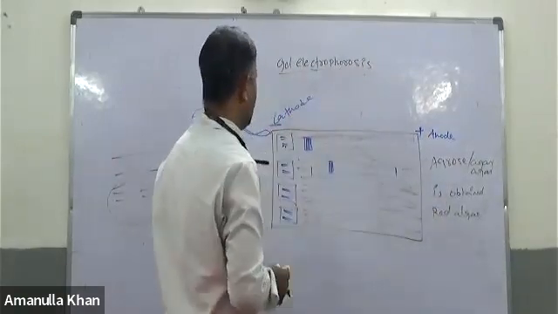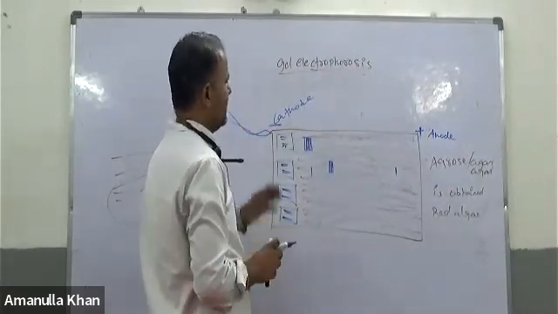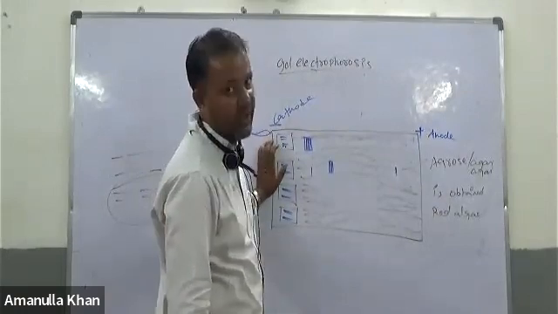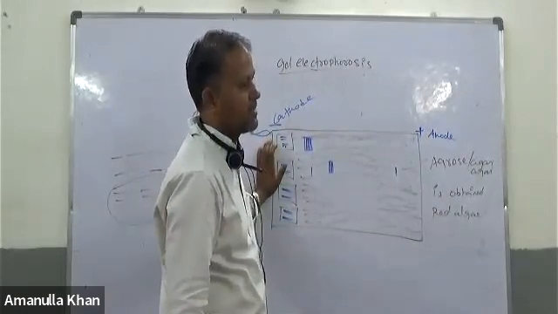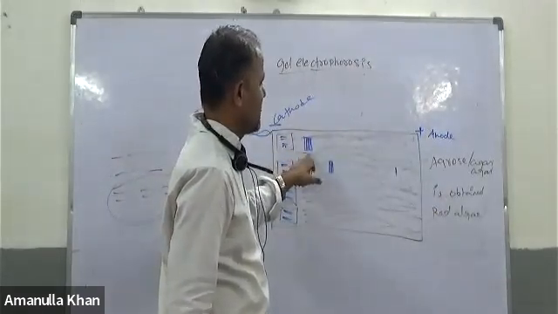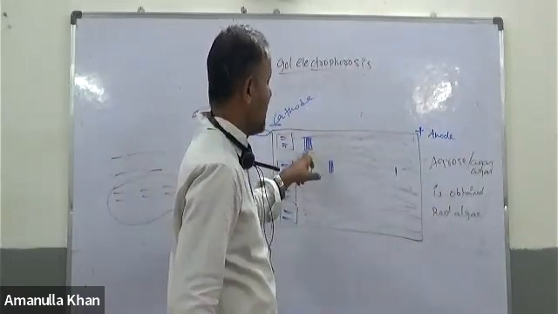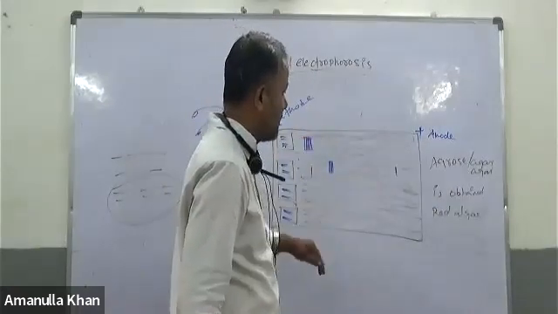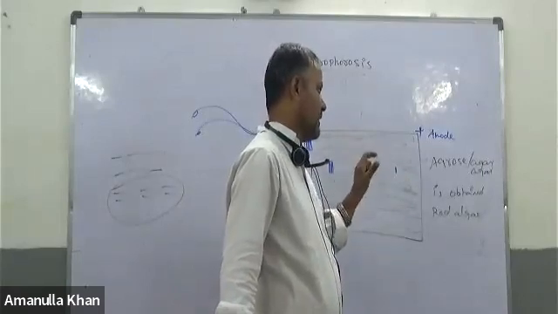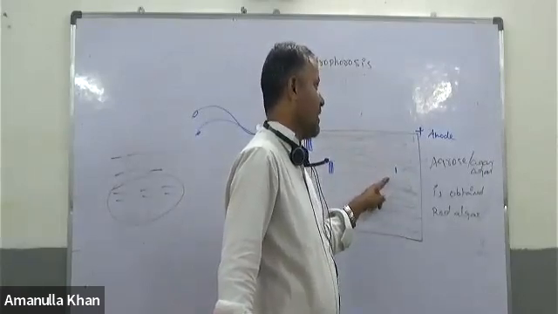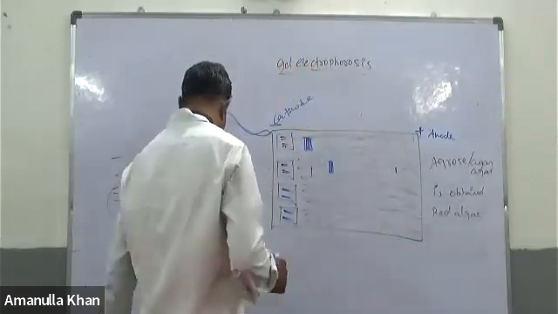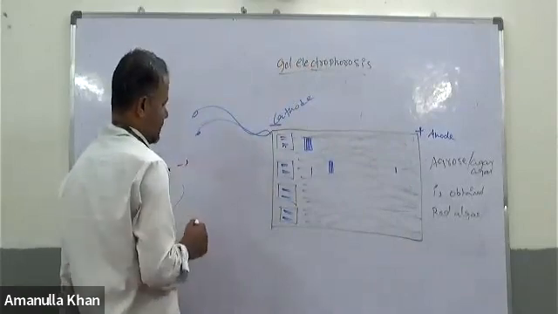When we apply electricity, DNA fragments move based on their size. Which size DNA fragments move very fast and which move very slow? Large size DNA fragments move very slowly, and small size or lightweight DNA fragments move very fast and reach the anode region. Now, first take an agarose plate.